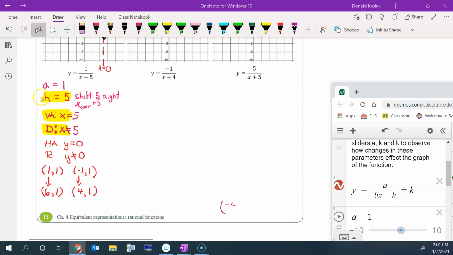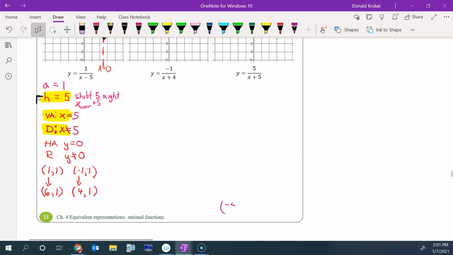So H, these are all connected. So if H was 0, this would be 0, that would be 0. If H is negative 4, that's negative 4, that's negative 4. That's how you find the domain. These are linked together. So once you know H, you know those others.